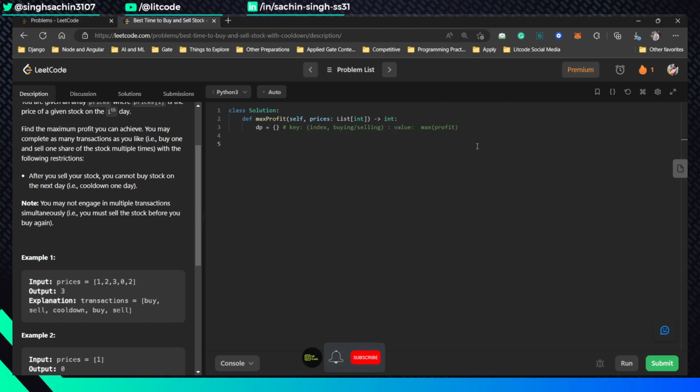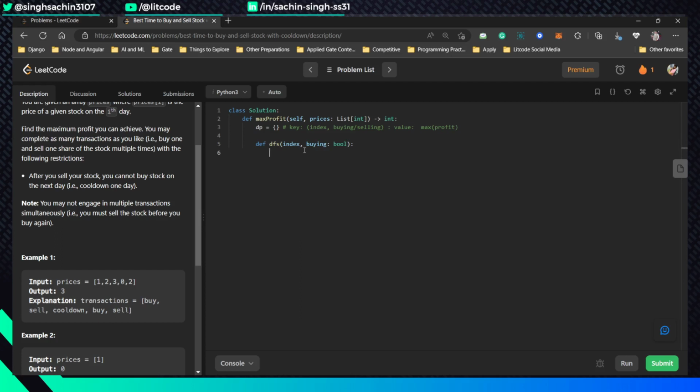Next, I want to create a nested function for the DFS, and I want it to take the index and a boolean value for whether we are buying or not. Next we have some base conditions.